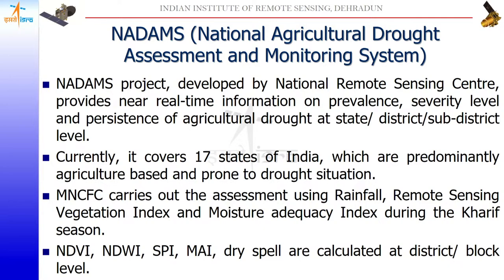Now the technology part: all the technology and information were transferred to MNCFC, the Mahalanobis National Crop Forecast Centre, which is situated in the Pusa campus, New Delhi. They carry out the assessment of rainfall, remote sensing based spectral vegetation index, and moisture adequacy index for the Kharif season as well as the Rabi season.